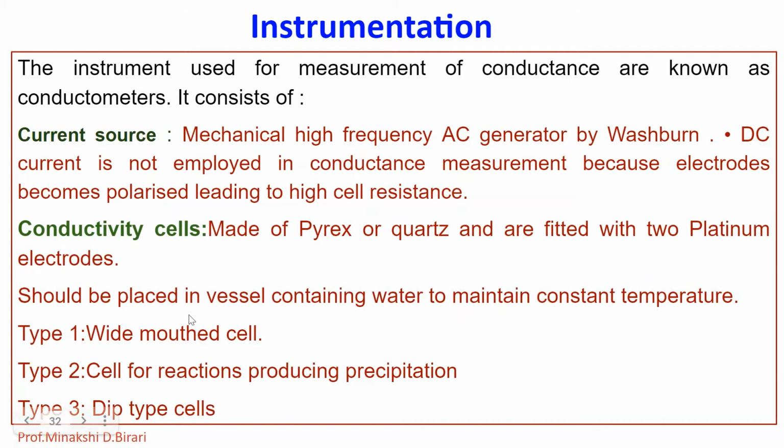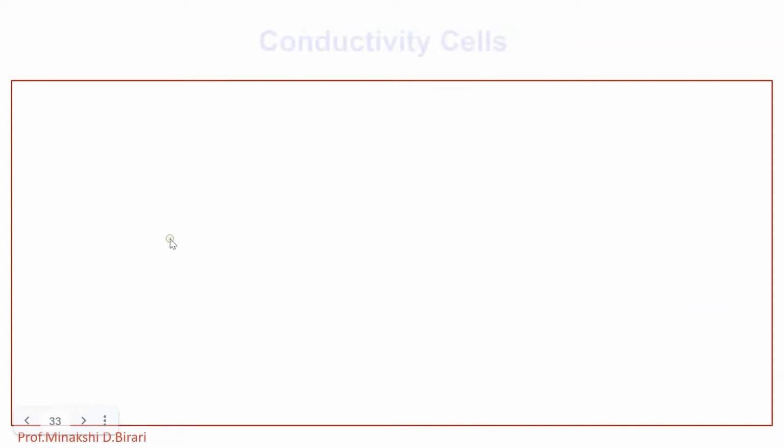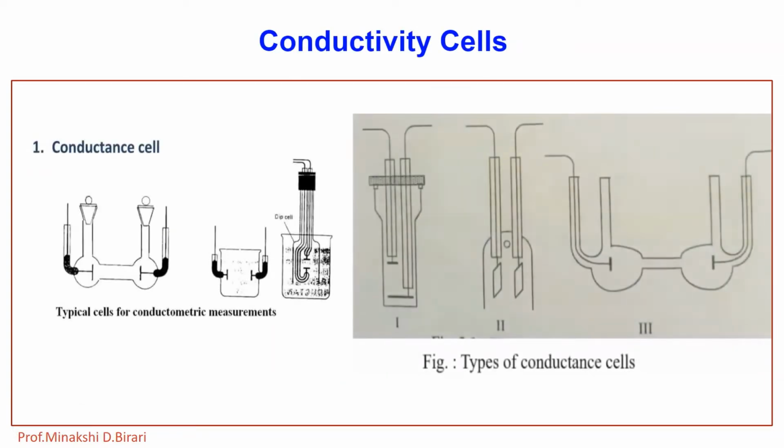So the instrument which is used to measure conductance is known as a conductometer. It consists of a current source and conductivity cells. There are various types of conductivity cells which are shown in this figure.